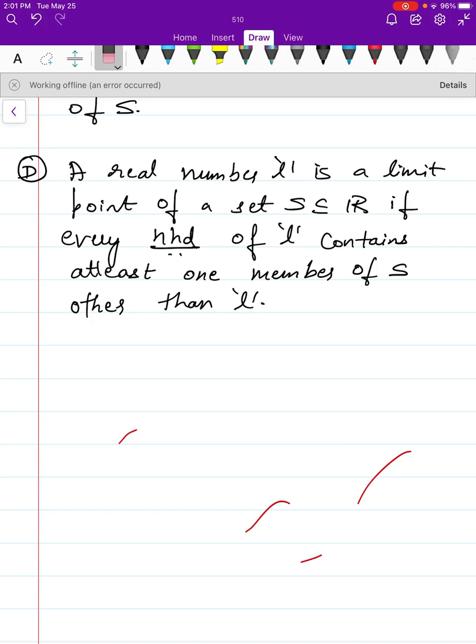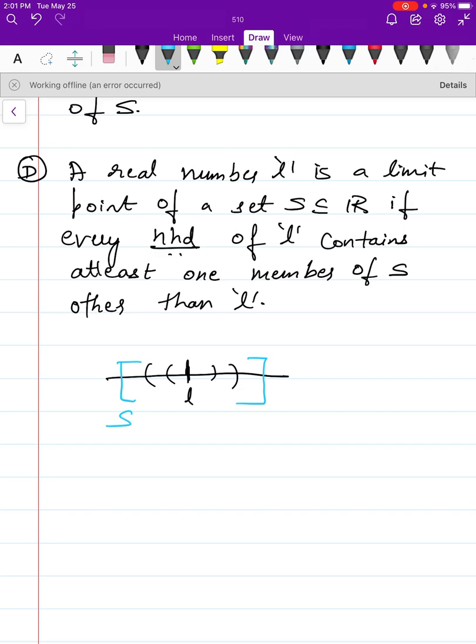So analyzing our definition 2, we understand that every neighborhood of L, on a real line, either closed or open, usually a neighborhood is considered to be open, should contain some points of S. So what is the limit point of this particular blue interval?